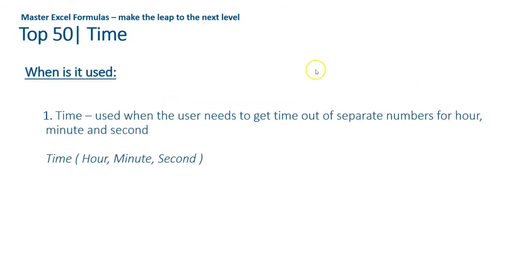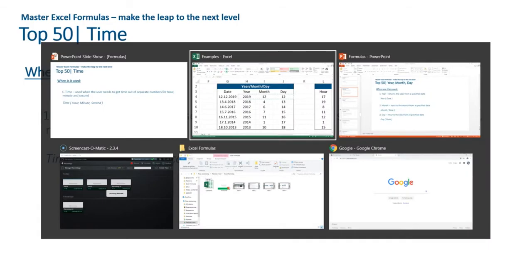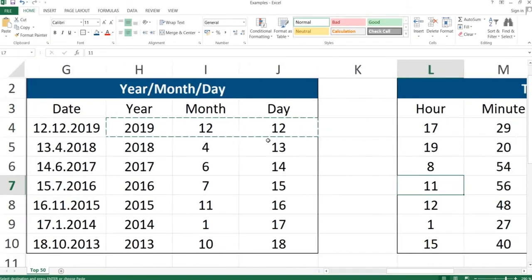The next formula is time, very similar to the date formula. This formula, time, is going to get us obviously the time from the separate hour, minute and second, and as I said, very similar to the date formula.